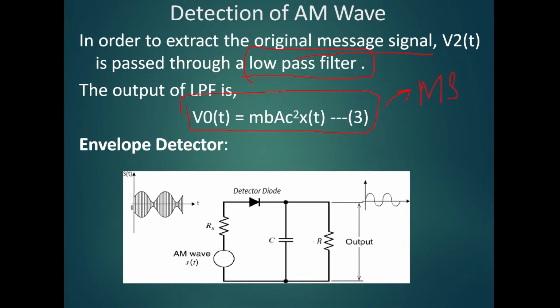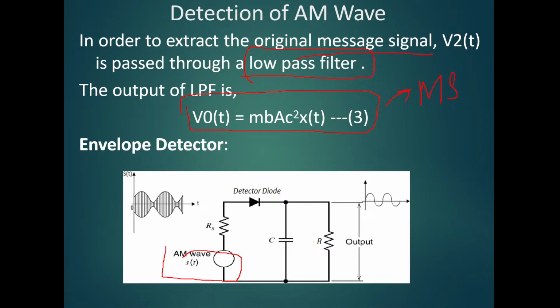Now the next one is the second type, that is an envelope detector. The AM wave is fed to a detector diode, and then there is a filter capacitor that helps us filter out the unwanted components and retrieve the original signal. So basically the standard AM wave is applied to the detector over here.